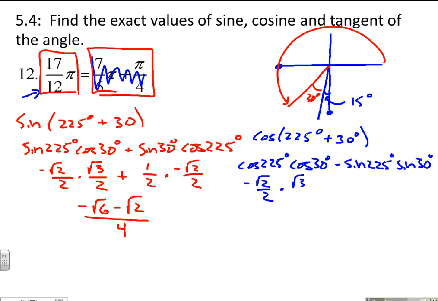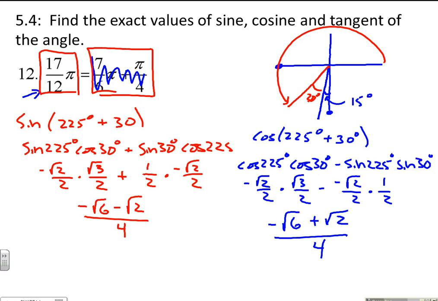Cosine 30, root 3 on 2. Minus sine 225, negative root 2 on 2. Times sine 30, 1/2, and I get negative root 6 plus root 2 all on 4. And there's our pattern again. We just consistently on these 15s and 75s get this pattern, plus or minus root 6, plus or minus root 2, all on 4. Okay? Now, let's go back and let's find tangent of that angle.